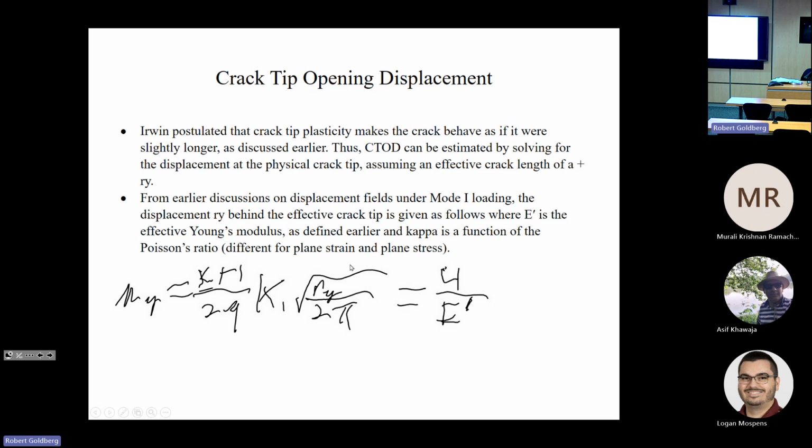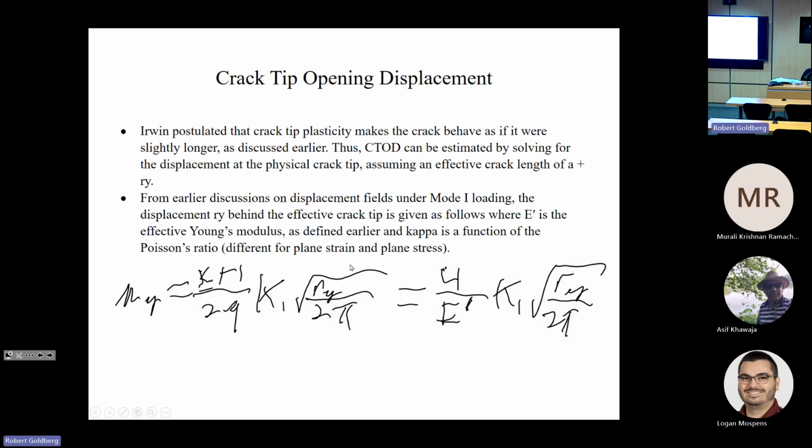For the case of plane strain, it has a Poisson ratio term running around there, multiplied by the mode 1 stress intensity factor times the square root of the radius of the plastic zone divided by 2 pi. So we can compute this Ry. So we compute this displacement, and this is all for the case of right in front of the crack.